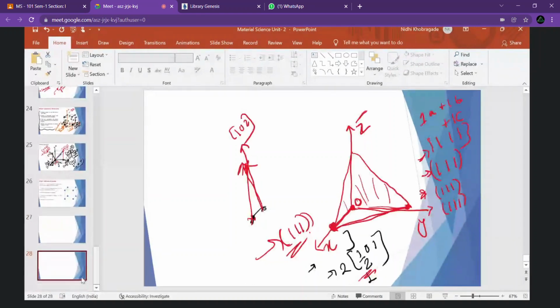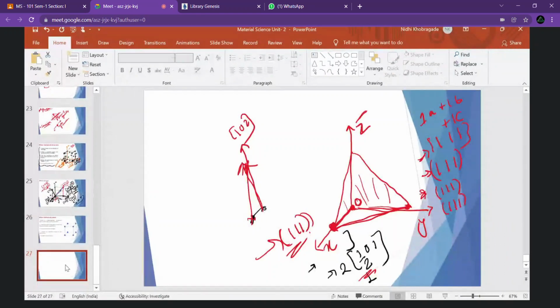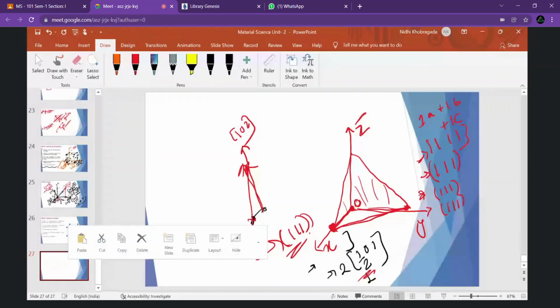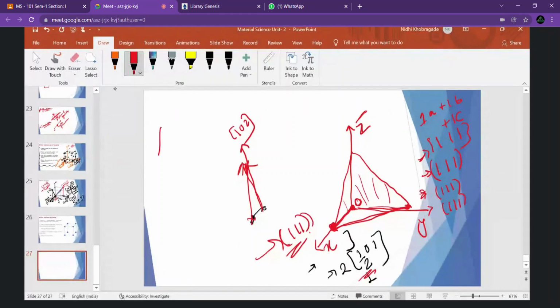So next will be our example, as if we are considering another example. So we will draw the certain crystal structure like this.